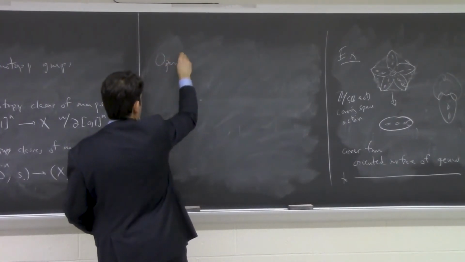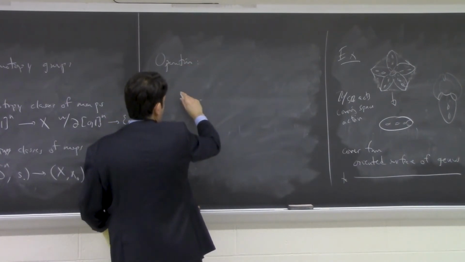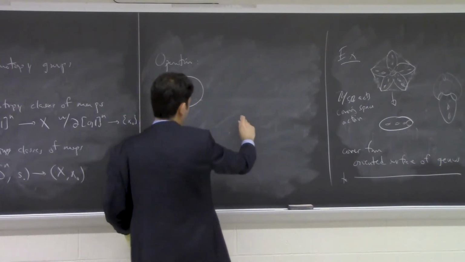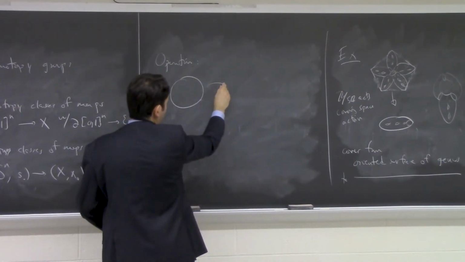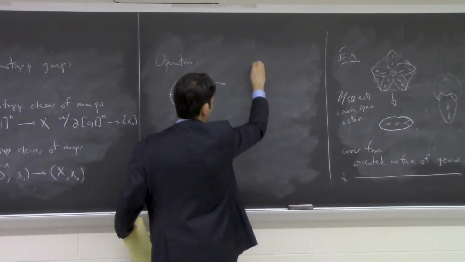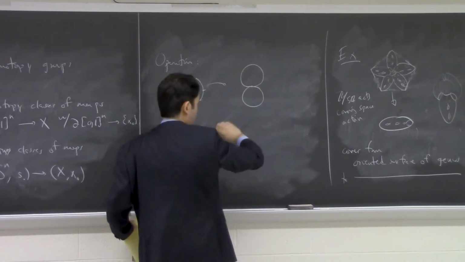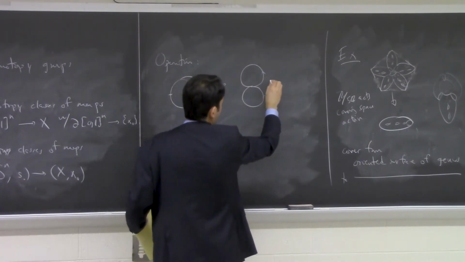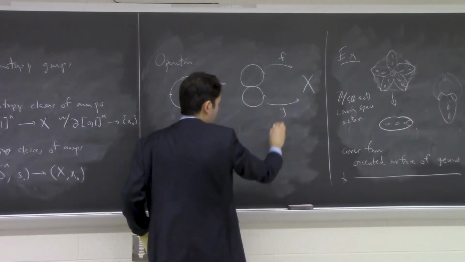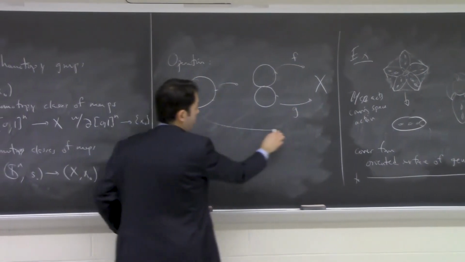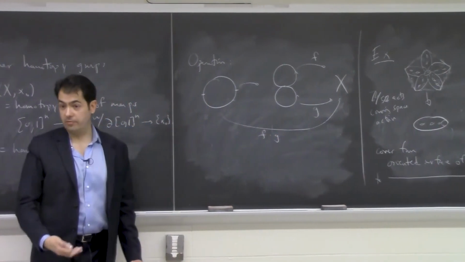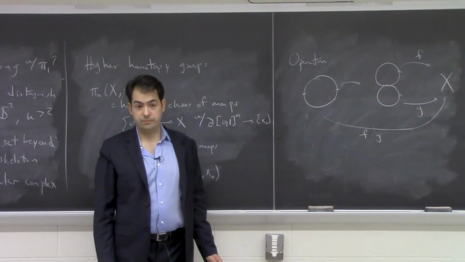So here's what we did for S1. You have a circle, and you pinch it to form 2 circles, and then you map the top circle using F and the bottom circle using G, and this composition was doing F followed by G. Right?